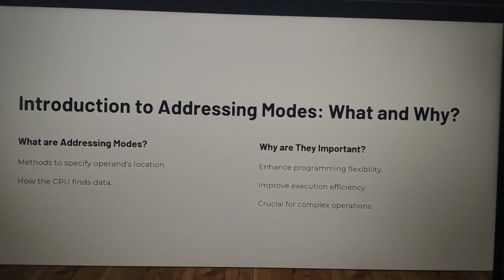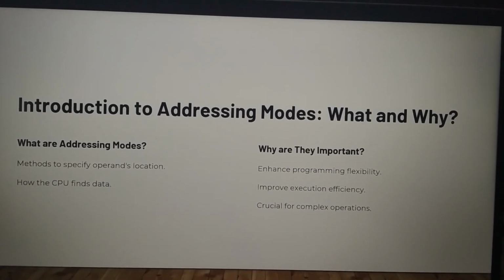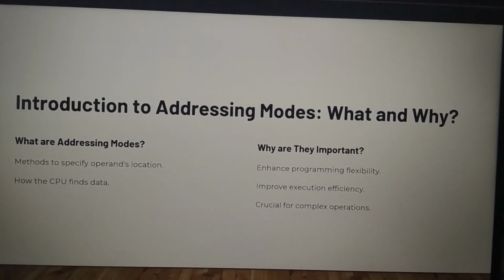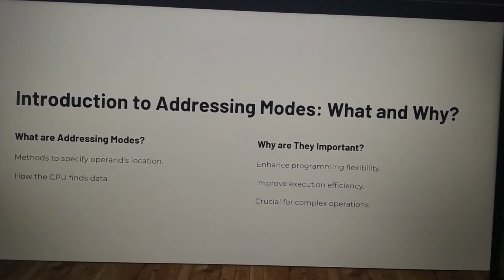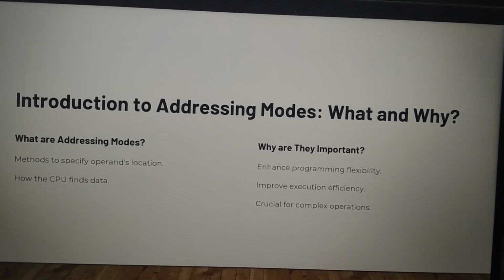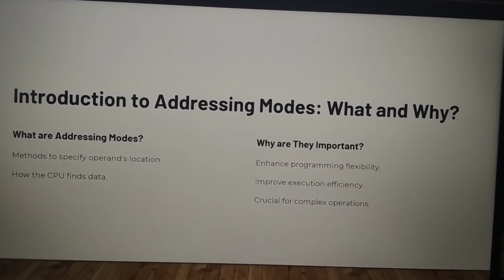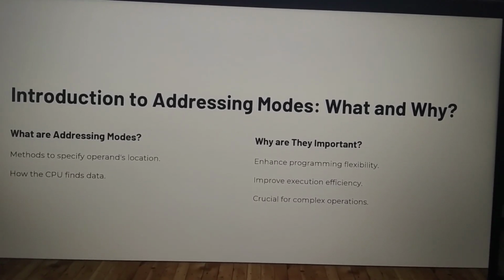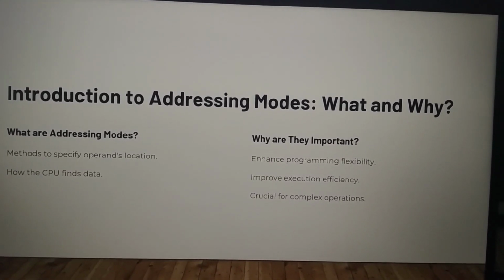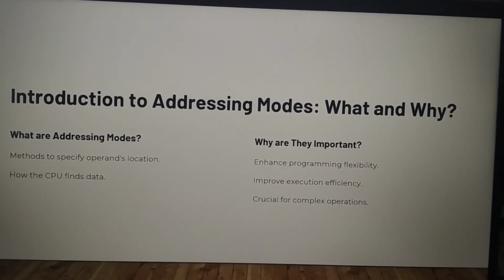In assembly language programming, instructions often need to work with data that may reside in various places, such as registers, memory locations, or be included directly in the instruction itself. Addressing modes define how the processor identifies the location of this data. They play a vital role in making the instruction set flexible, powerful, and efficient.